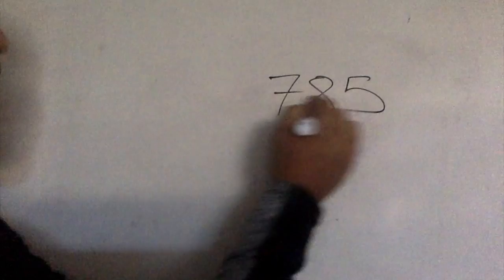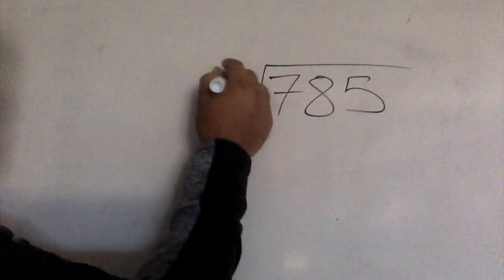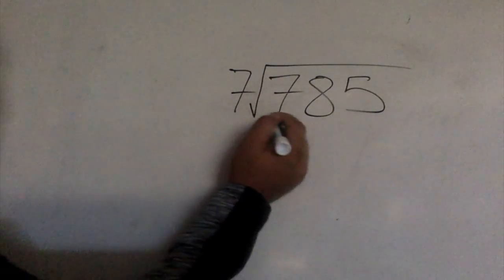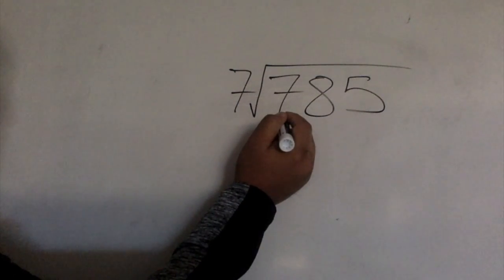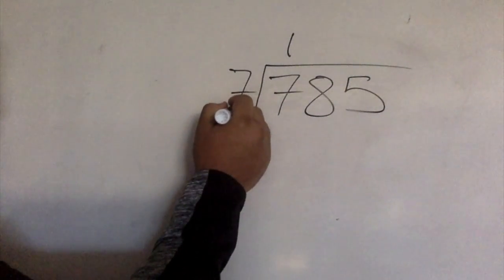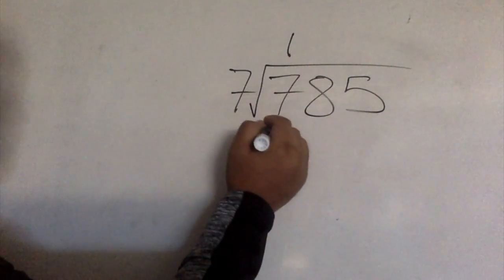785 divided by 7. This time, I want you to truly follow me, so I'm going to go much slower. 7 goes into 7 how many times? 1. 7 times 1 equals 7.